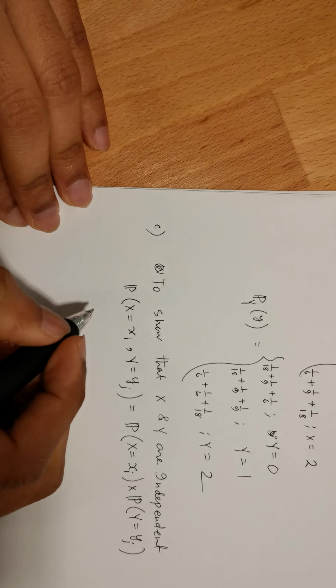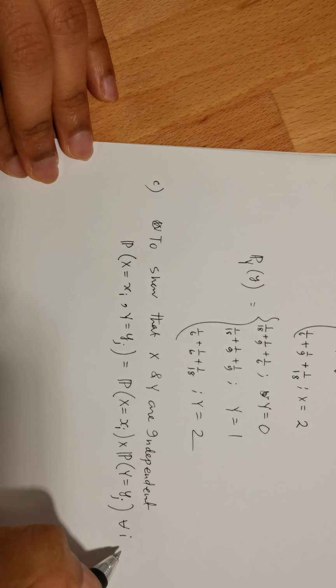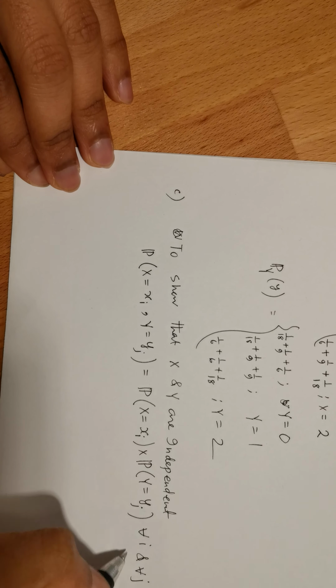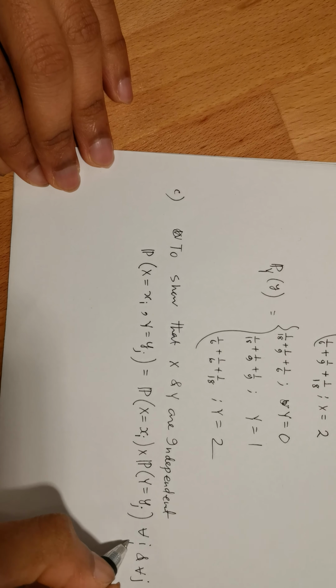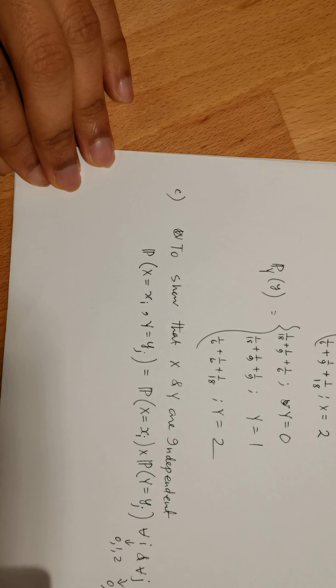And that has to hold for all i and for all j. Now i can take value 0, 1 and 2, and j also can take value 0, 1 and 2.